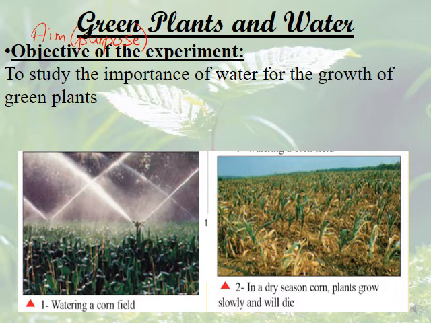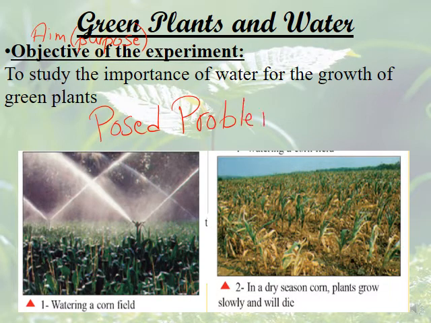If I want to pose the problem, it is similar to the aim, but it should be in the form of a question. So this is the posed problem. If I want it in the form of a posed problem: what is the importance of water in the growth of the green plants? And you have to put the question mark.